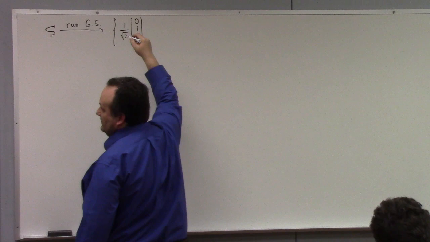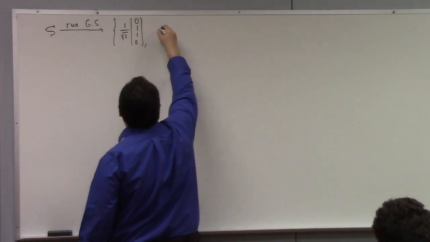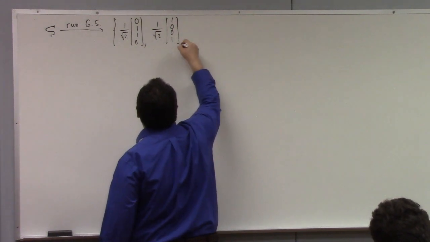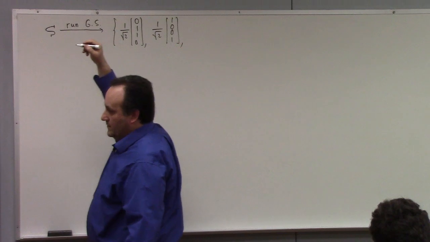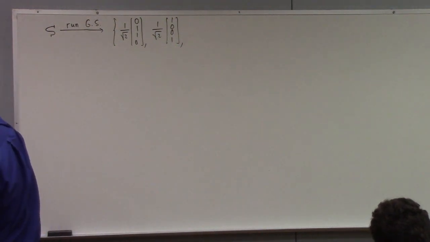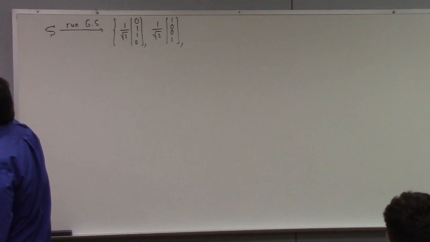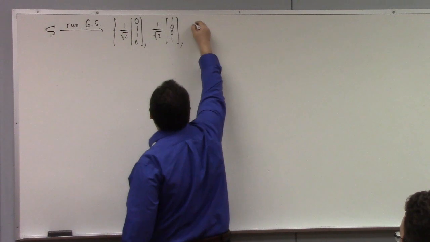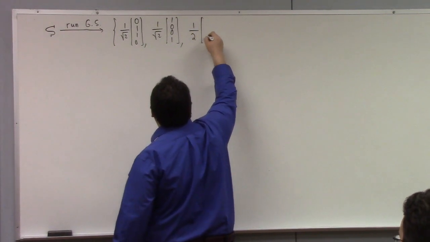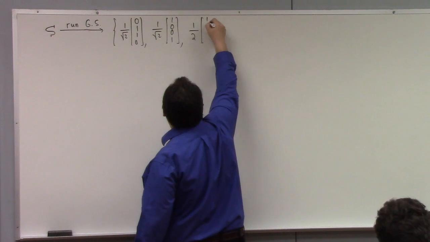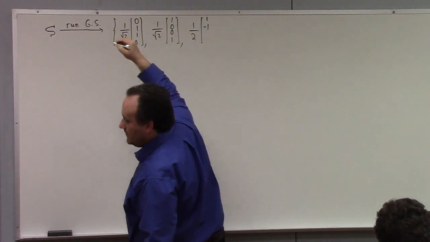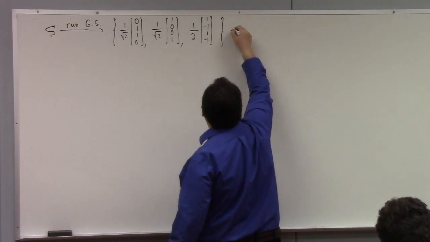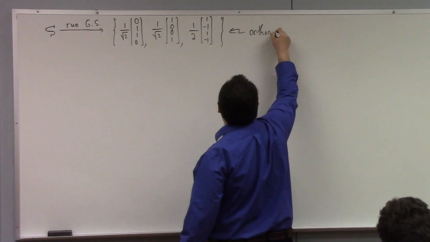And then how do I normalize U2? Oh, 1 over the square root of 2 times 1, 0, 0, 1. And then what's the length of U3 prime? Square root of 1 squared plus 2 squared plus 1 squared plus 1 squared. Square root of 4, also known as 2. So we divide by the length, which is 2. So normalizing, 1, -1, 1, -1. All right, there we go. So there you go. This is an orthonormal set.